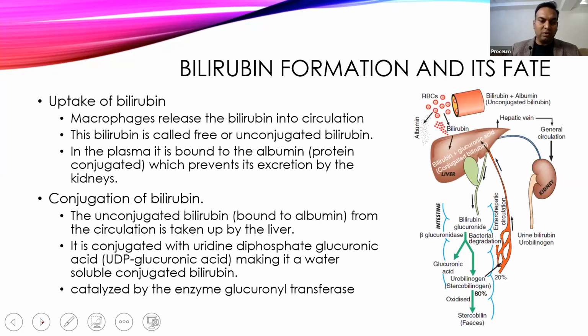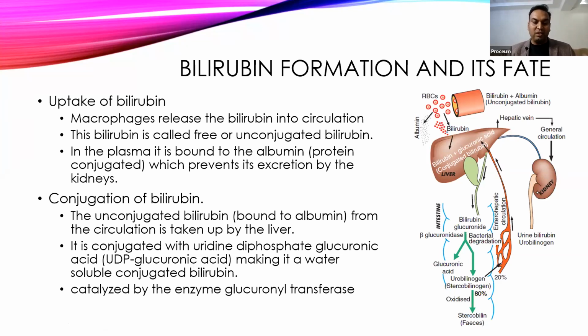Then coming to how the bilirubin, once the macrophage releases this bilirubin back into circulation, the unconjugated bilirubin combines with albumin, and then it goes to the liver or kidney, and in the kidney they try to release it in the form of urobilinogen.